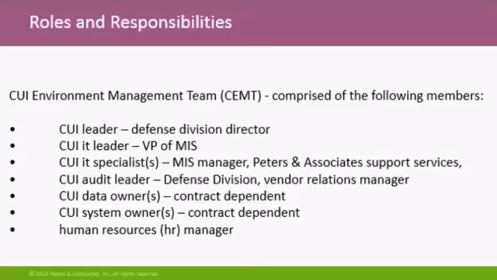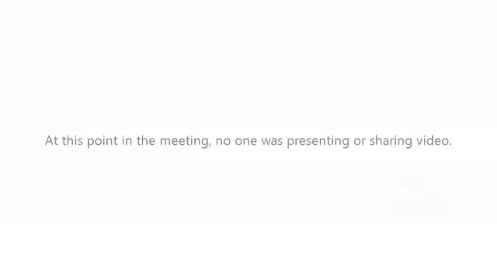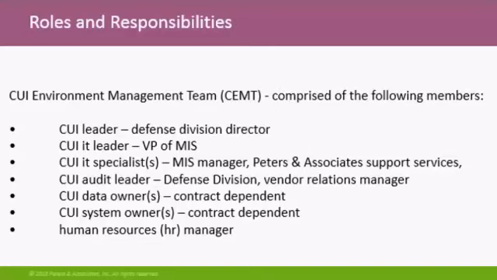Within this, one of the most important roles is the CUI data owner and the systems owner. These are contract dependent. What we need more than anything out of these roles in the organization, and we want to stress to everyone, is that it's not just IT. One of the most important roles here is who is going to identify what contract has CUI data in it that's subject to DFARS.